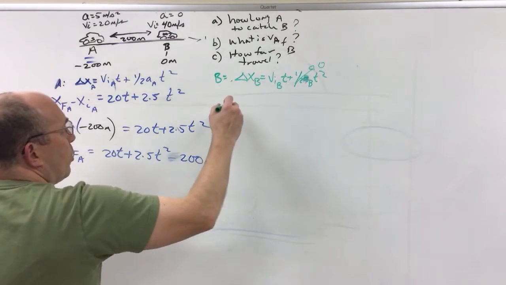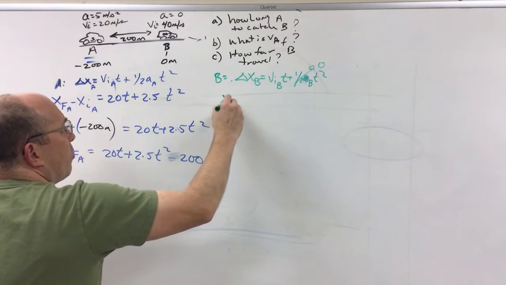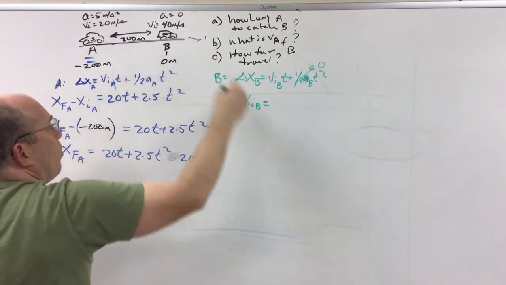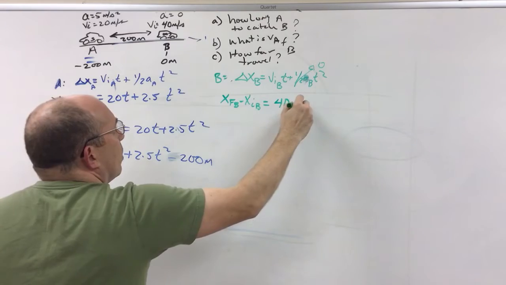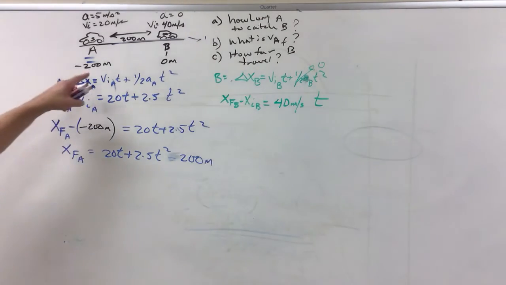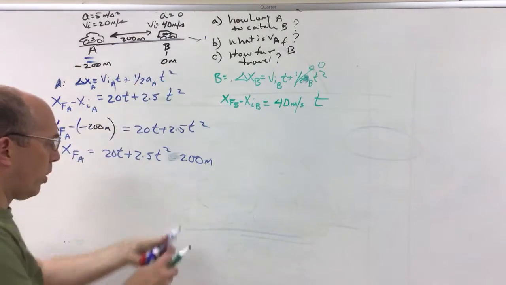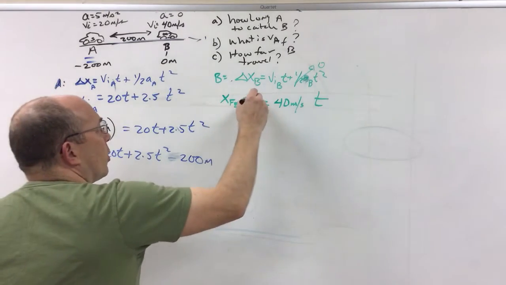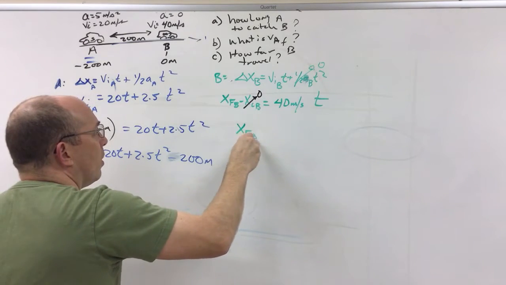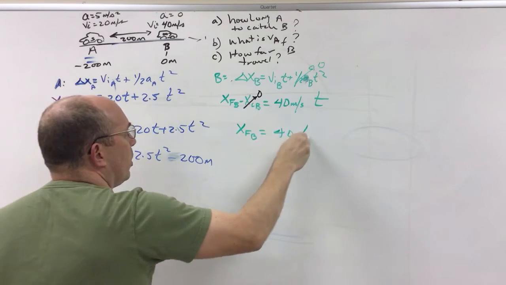Again, delta xb, that's x final of b minus x initial of b, is equal to 40 meters per second times t. Okay, and remember, since I called b's initial position 0, that makes this 0. So my x final of b is going to be equal to 40 times t.